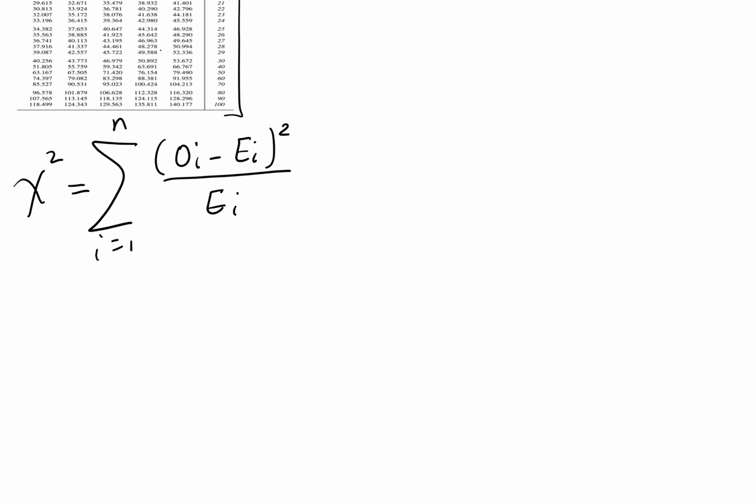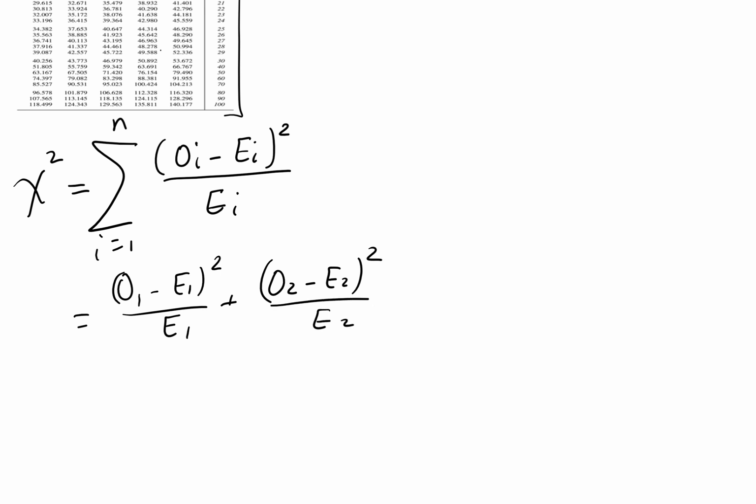That's the chi-square statistic. If you want to write it out, it's O1 minus E1 squared over E1, plus O2 minus E2 squared over E2, plus all the way to the last one, On minus En squared over En.